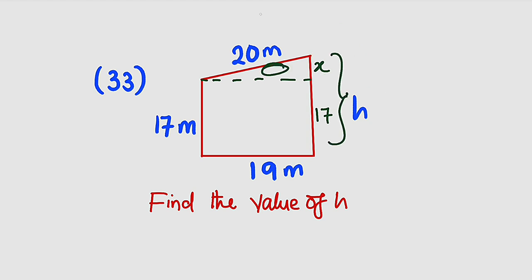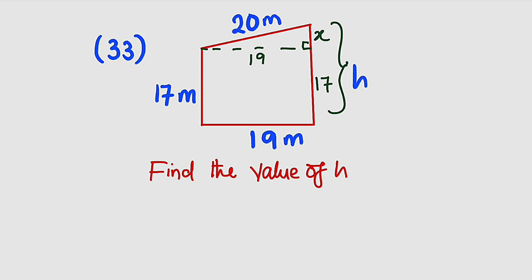Pay attention to this right triangle here because we have a right angle here. The side length here will correspond to 19. So we have 19 right here. According to Pythagoras theorem, the hypotenuse squared is equal to 19 squared plus x squared. Therefore, x squared will be equal to 20 squared minus 19 squared.